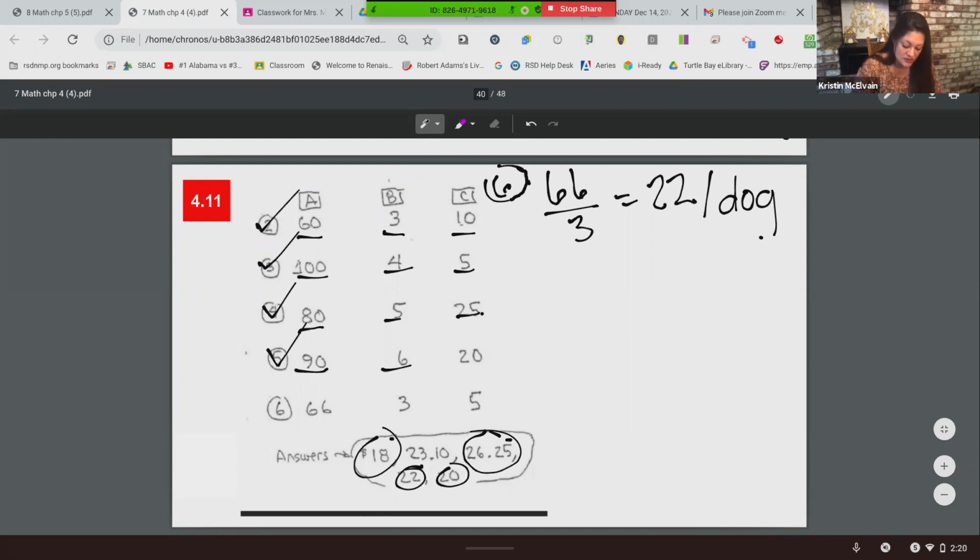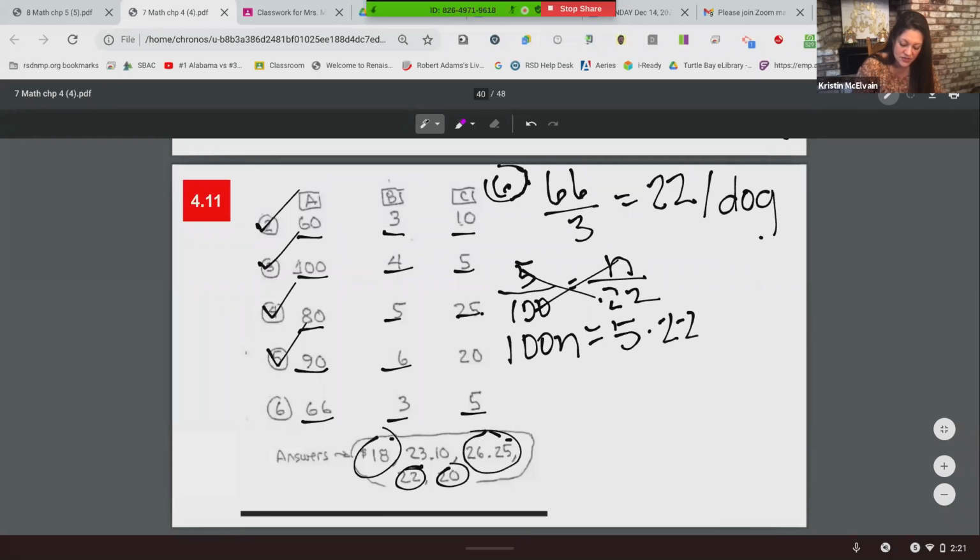Okay, so 5% raise, which is, if 5% is 5 out of 100, how much is that out of 22? Cross multiply gives us 100 n equals 5 times 22.